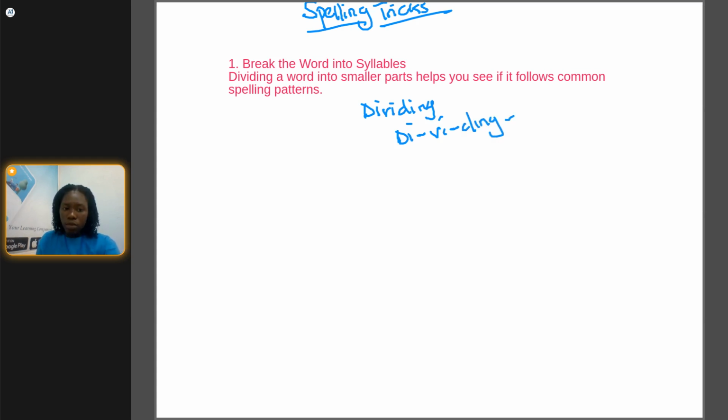This is three syllables. So when you have your four options in your UTME, break those words into syllables and see if those syllables and the word follow the common spelling pattern. Whichever one does not follow the normal spelling pattern, you know that is the wrong option.